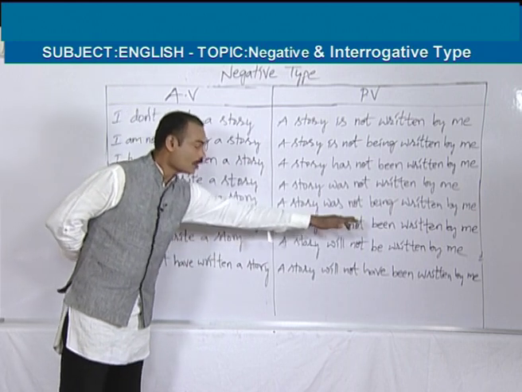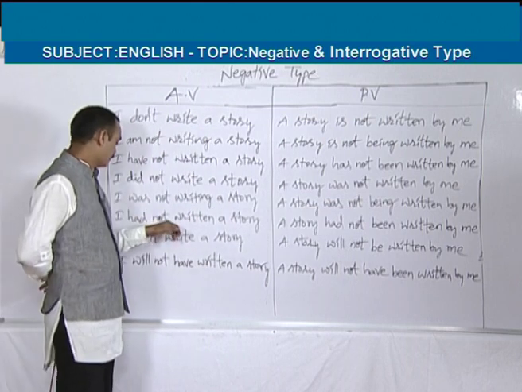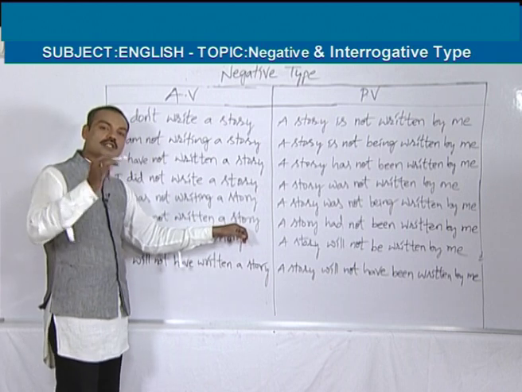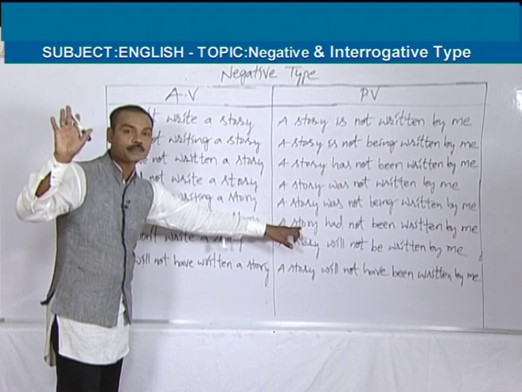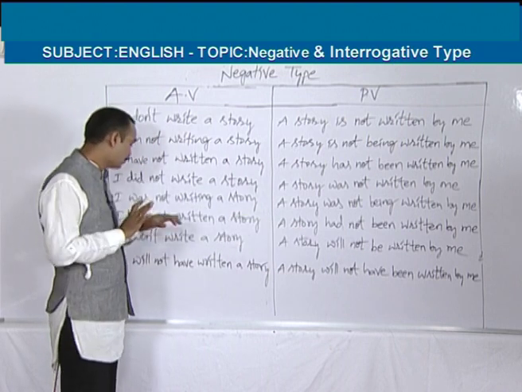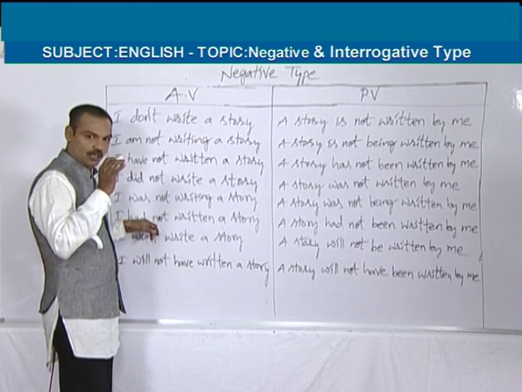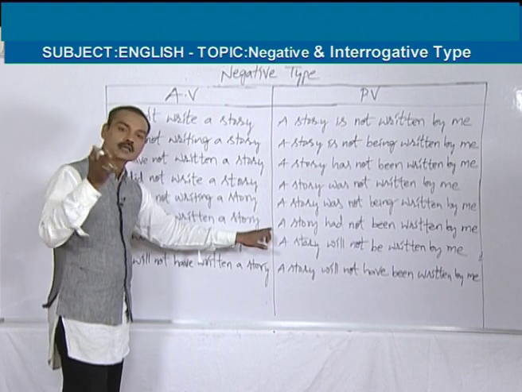A story had not been written by me. So, friends, from past perfect tense, if you see a plural object or singular object, there won't be any changes in the passive voice, because in past perfect tense there is only one helping verb, that is had. So, had can be used for singular and plural object.